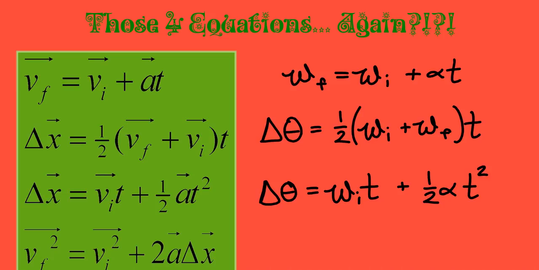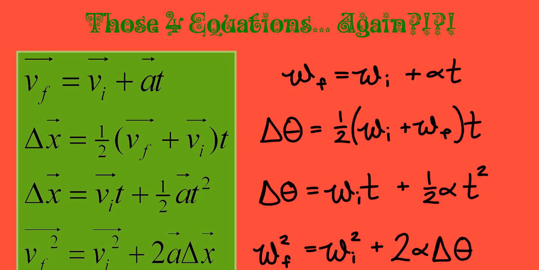And lastly, v final squared equals v initial squared plus 2a delta x becomes omega final squared equals omega initial squared plus 2 alpha delta theta.